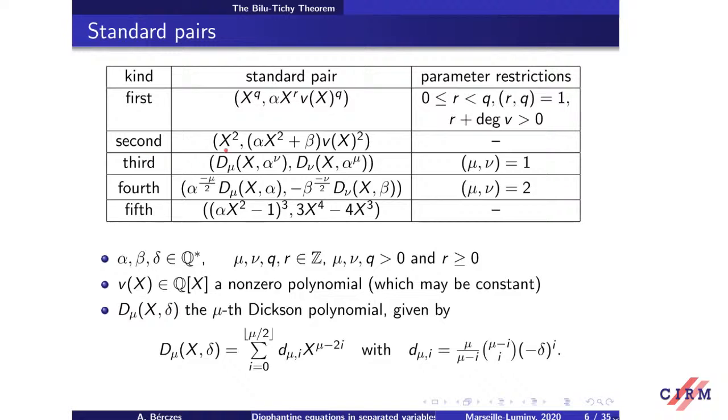The second type is x squared and (alpha x squared plus beta) times (v(x)) squared, where alpha and beta are non-zero rational numbers. The third and fourth types of pairs are defined using the Dickson polynomials. And finally, there is the fifth pair where there are not many restrictions on the parameters. So these are the possibilities.